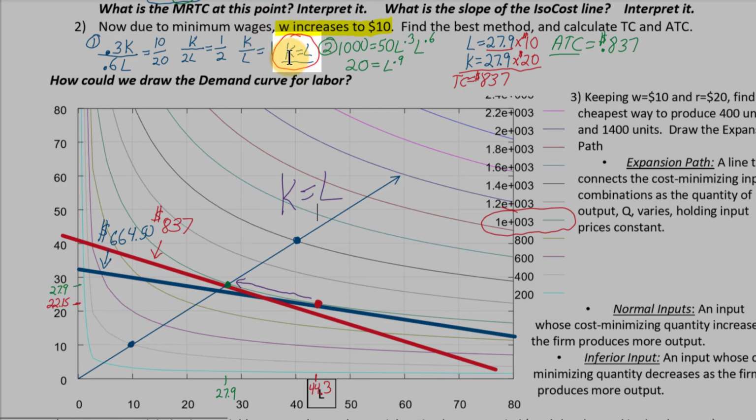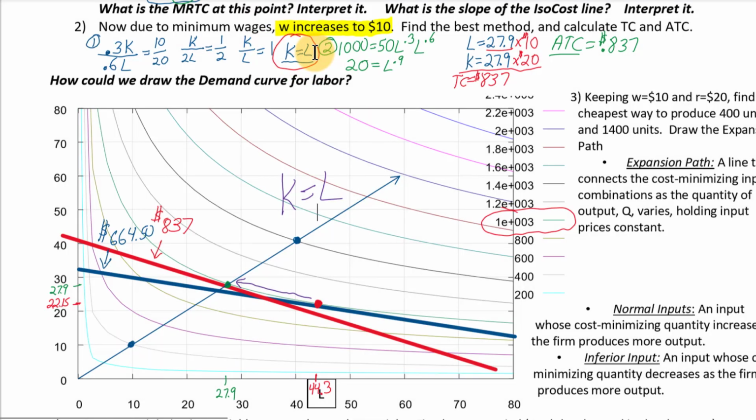Again, this equation tells us how K and L are related to each other at the point where the slope of the isoquant equals the slope of the isocost. And since it's a linear relationship, when we're solving these Cobb-Douglas problems, the expansion path is just going to be a straight line coming out of the origin for Cobb-Douglas production functions.